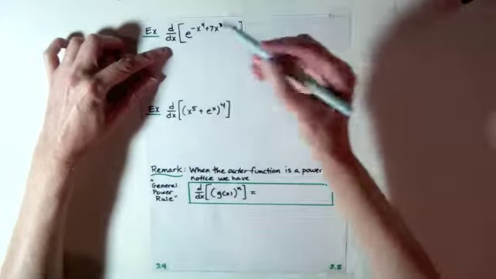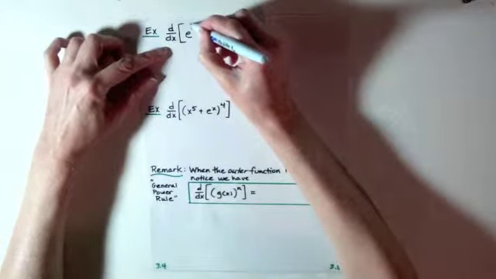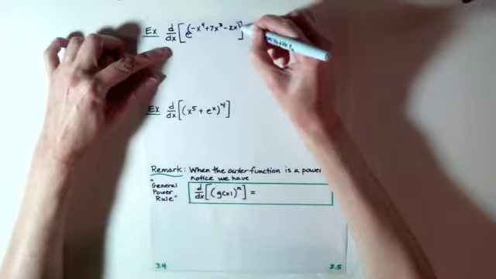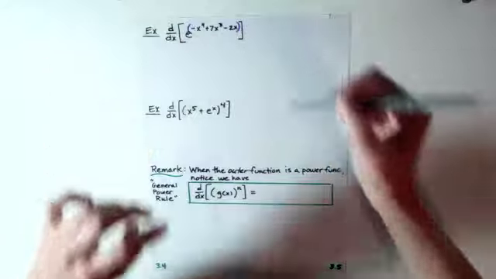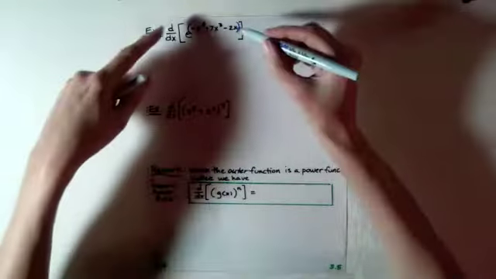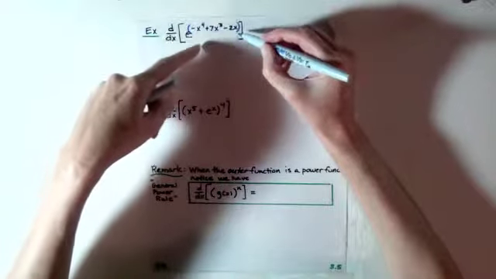Well, in one like this, I like to put parentheses around the function that's in the exponent. The reason being that it's a little bit easier to see what the inner and the outer function are, and we need to know that in order to apply the chain rule. So what's the inner function in this case, and what is the outer function? The inner function in this case is what I have in these purple parentheses.